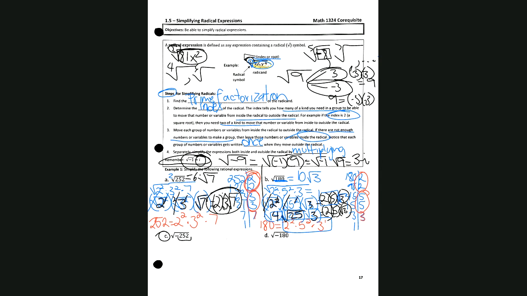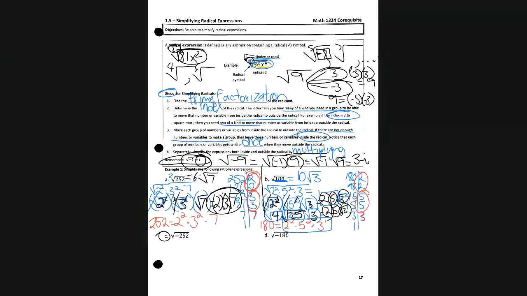So now we're going to move on to part C, and part C is just like A. The difference is that we have a negative radicand. So we're going to do the factorization again.